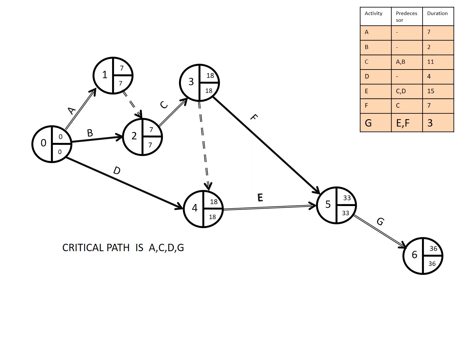You'll find that it will not have any impact, because 4 plus 7 will give us 11, 11 plus 18 will give us 29, and 29 is smaller than 33. Therefore, it can even be delayed for a further 4 seconds without delaying the entire project, without going critical.